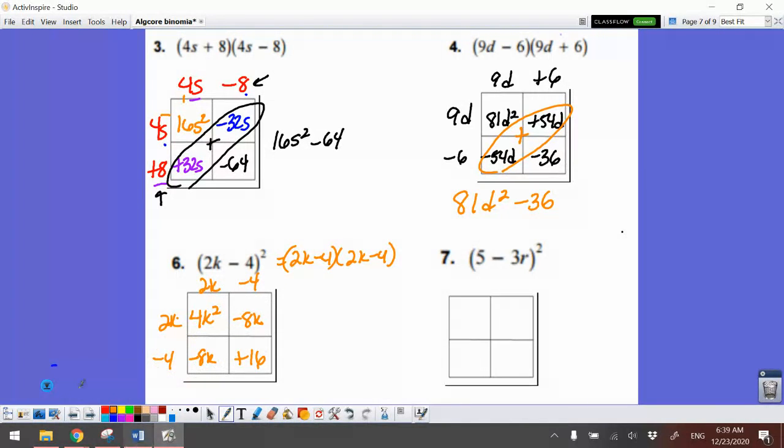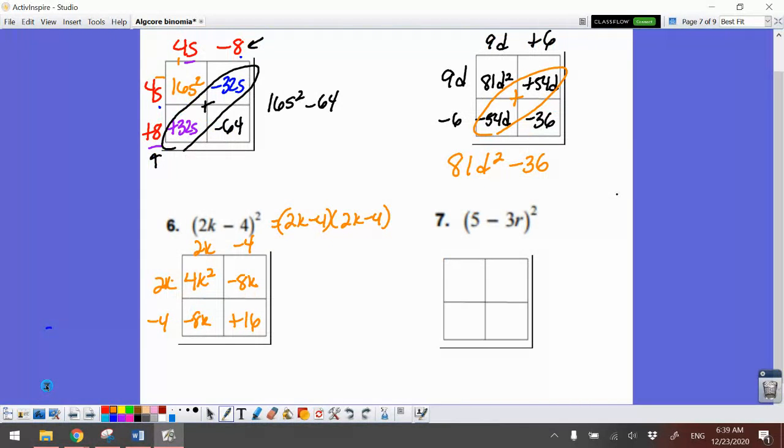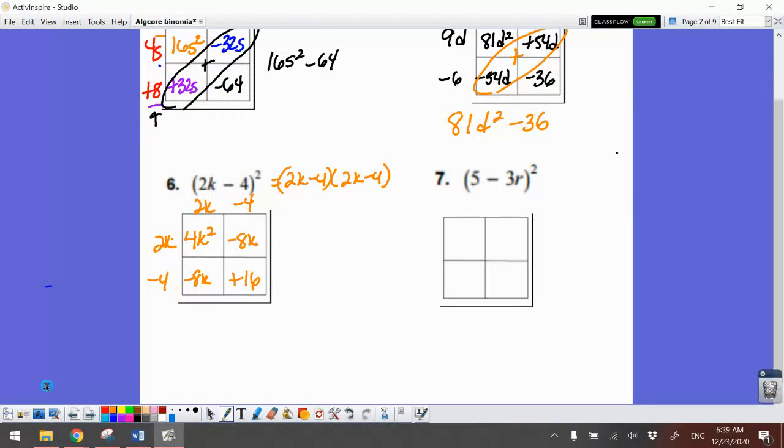So this time things don't disappear, but I actually see that I have the same terms. So if I combine on the diagonal again, I have 4k squared. Negative 8 and negative 8 is a negative 16. Remember, I'm adding plus 16.